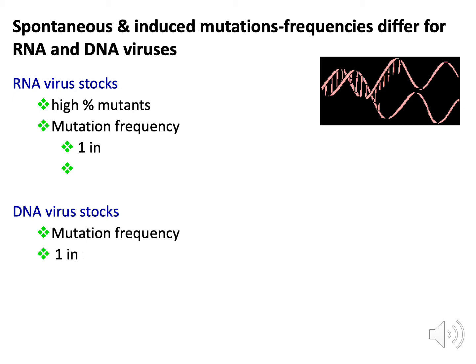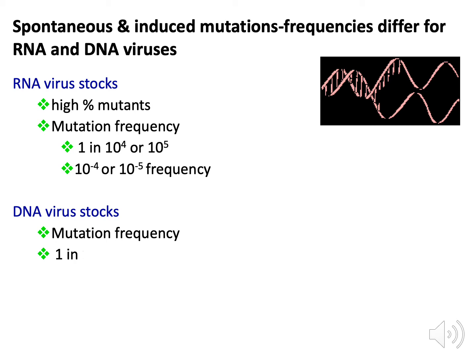And you can look in the textbook to find the answer to this question. What is the mutation frequency? What is the mutation frequency in DNA viruses? So for RNA viruses, 1 in 10 to the 4 or 10 to the 5th.